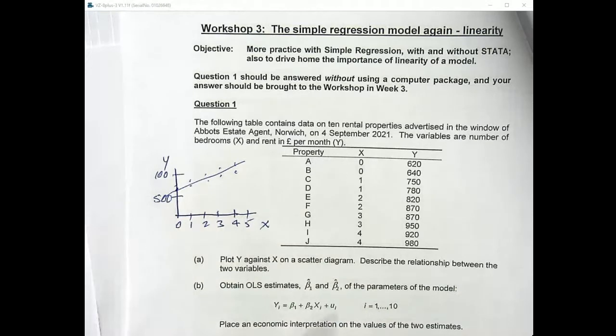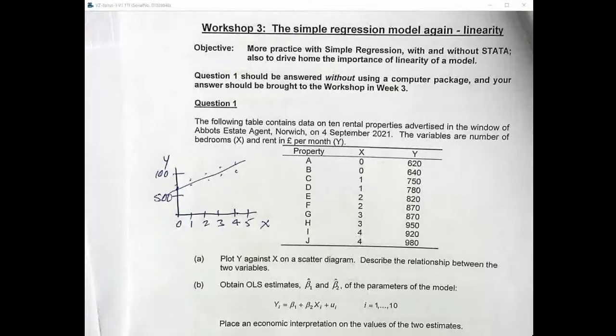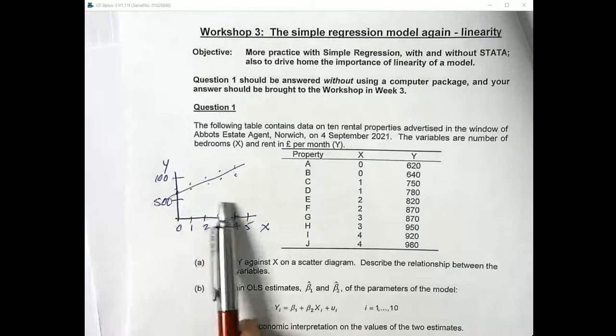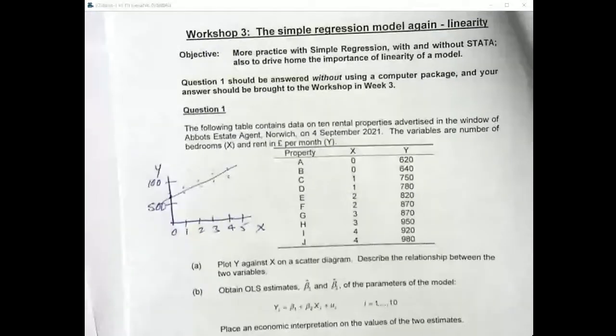This is not income, it's number of bedrooms. So get out of the mindset of normal goods and inferior goods and necessities and luxuries. That's only if you've got consumption of a good and income. What we have here is number of bedrooms and rent. And we're interested in, well, you work out what we're interested in here.